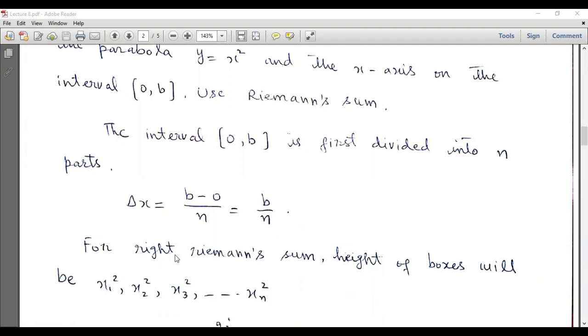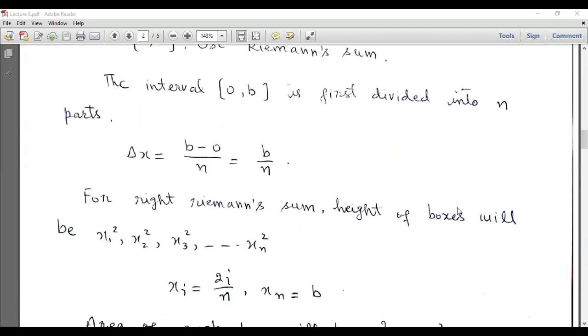Let's first evaluate the right Riemann sum, and the height of the boxes will be x1 square, right? So this is the first value of the function. This is the second sample, x2 square, x3 square, up to xn square. So here we can see that x1 is equal to b over n, x2 is equal to 2b over n, x3 is equal to 3b over n, and in general xi will be equal to ib over n.